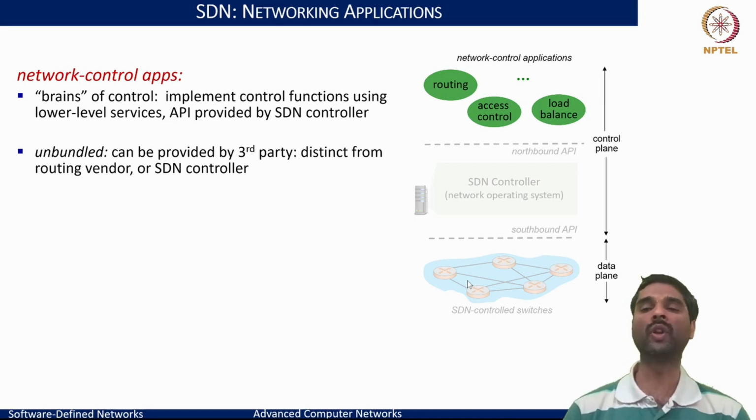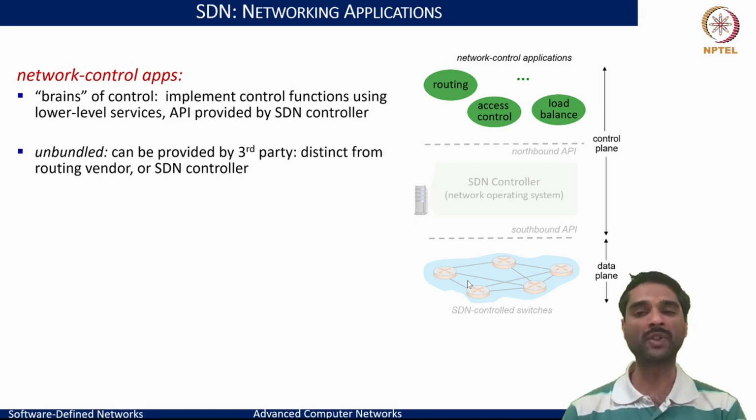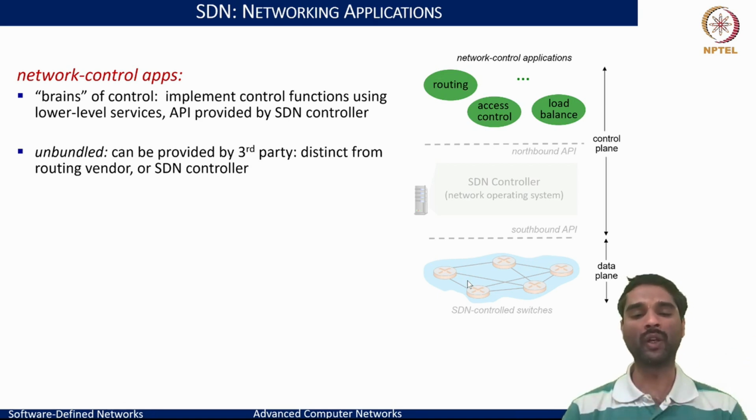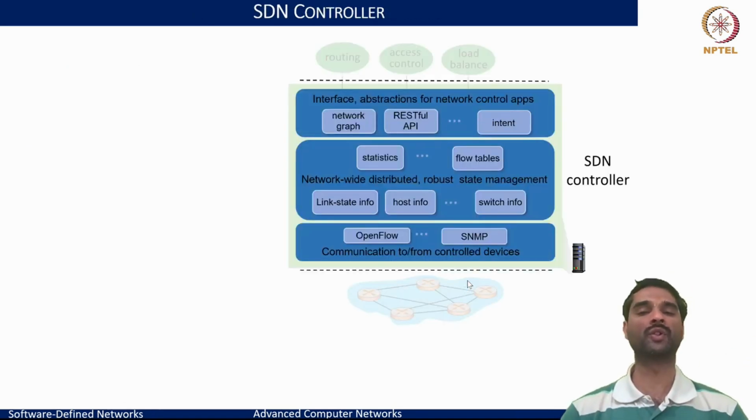We just look at the northbound APIs provided by a specific network operating system that we want to use, and then build the applications by leveraging the services provided by that SDN controller. This, in a way, greatly simplifies things, and networks become much more agile and robust.